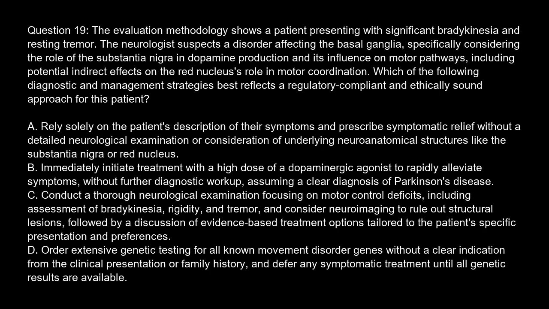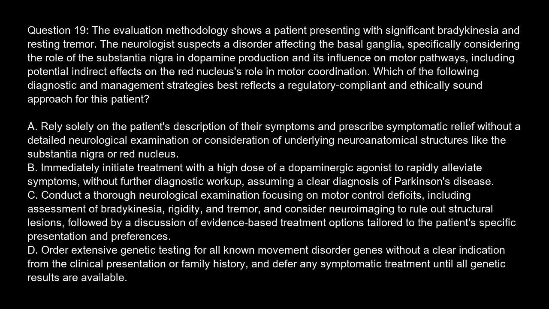Option A. Rely solely on the patient's description of their symptoms and prescribe symptomatic relief without a detailed neurological examination or consideration of underlying neuroanatomical structures like the substantia nigra or red nucleus. Option B. Immediately initiate treatment with a high dose of a dopaminergic agonist to rapidly alleviate symptoms, without further diagnostic workup, assuming a clear diagnosis of Parkinson's disease.